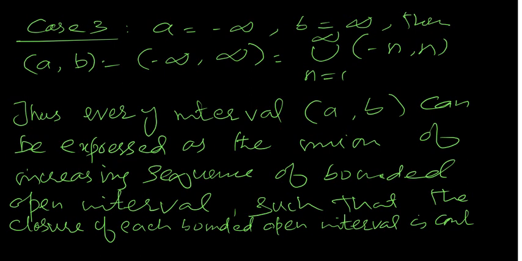Each jump interval g of x naught, for any point where the function is discontinuous, is contained in that interval f of a, f of b, which I have already written, and I will also write it here.